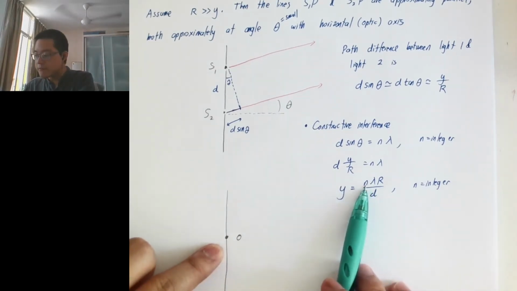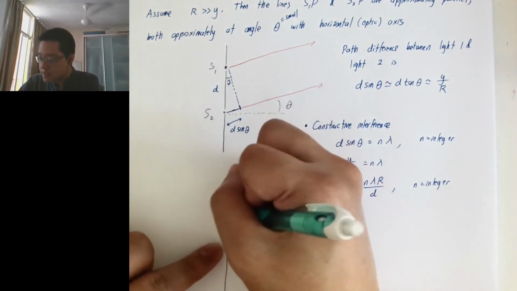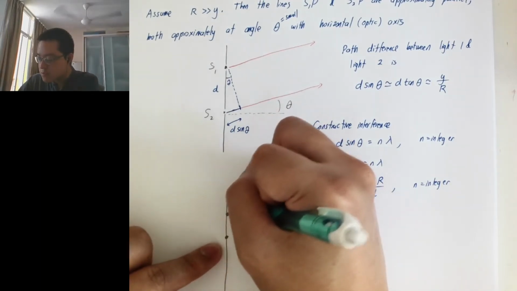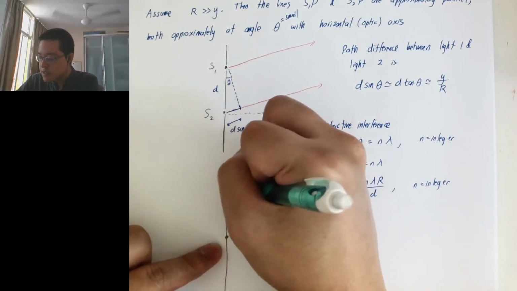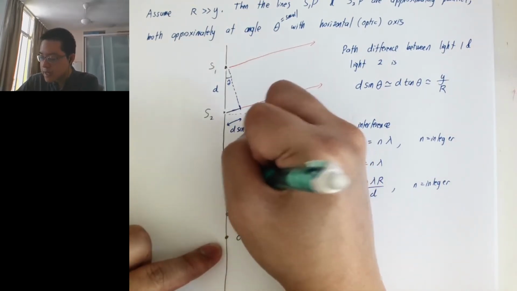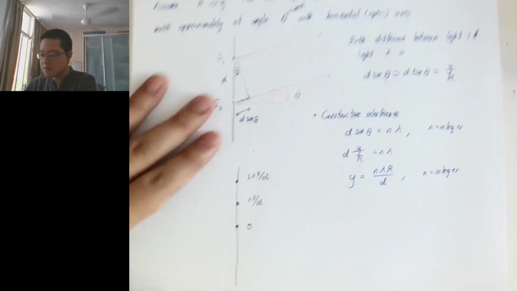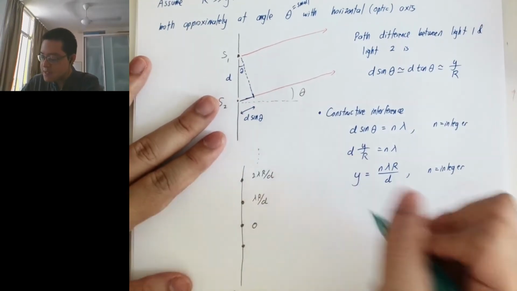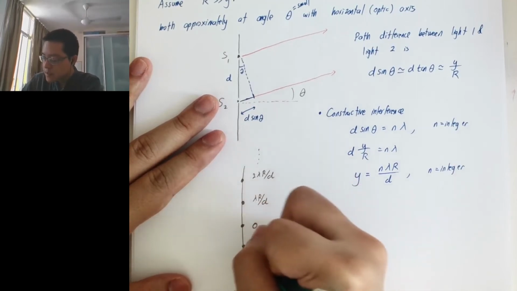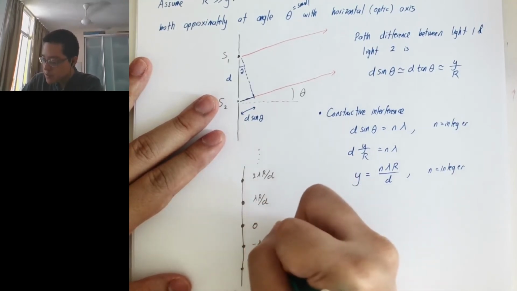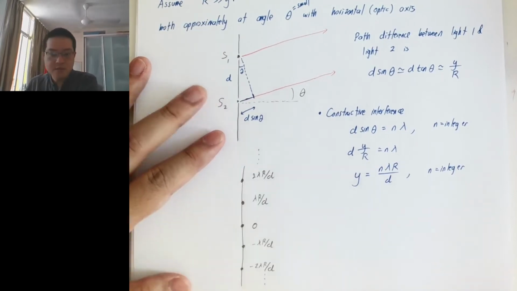If n equals 1, lambda R over d is another bright spot, and 2 lambda R over d is another. Negative integers also work, so negative lambda R over d and negative 2 lambda R over d are bright spots too.